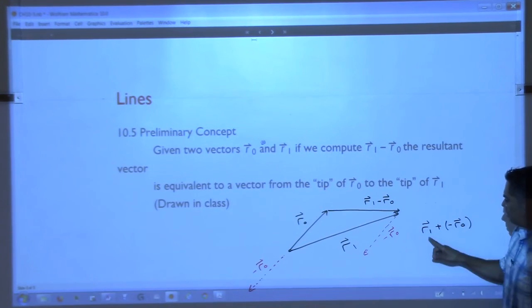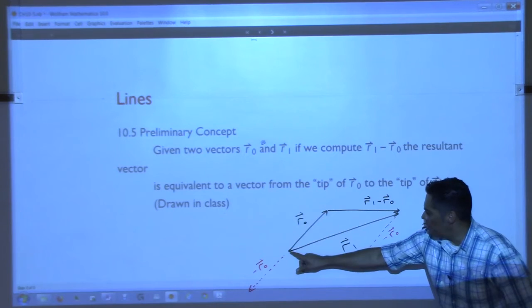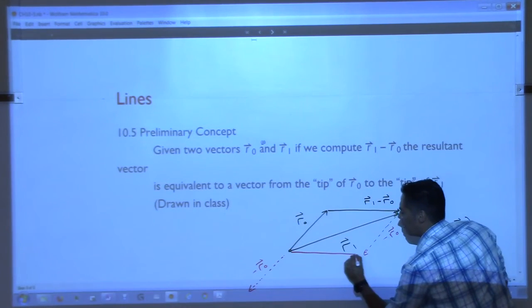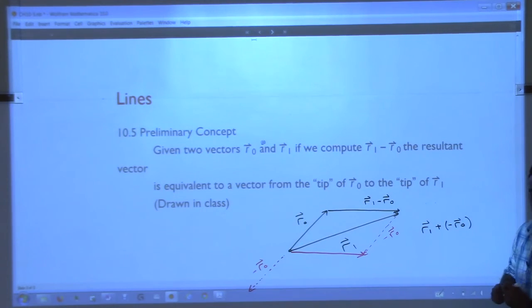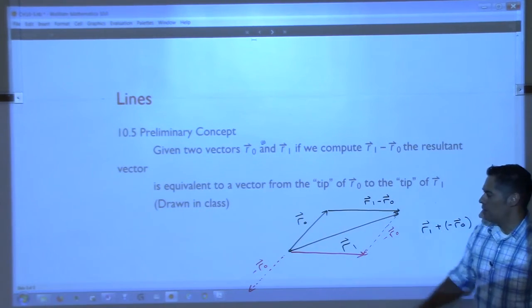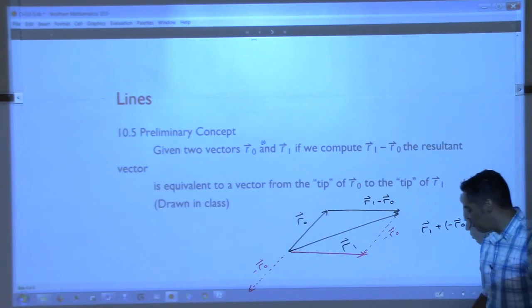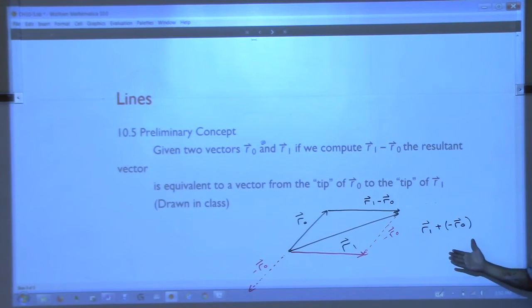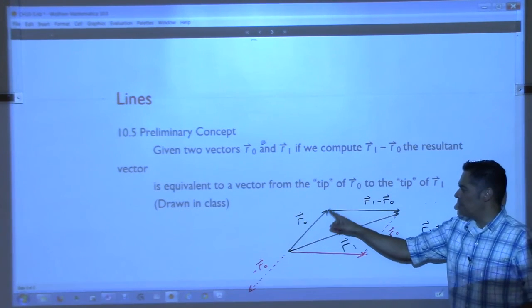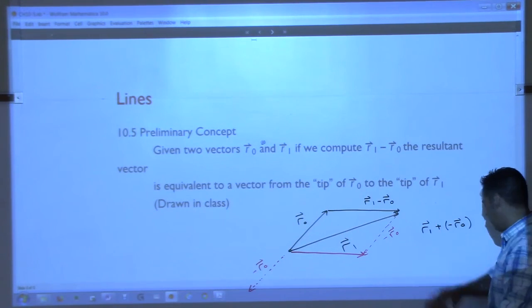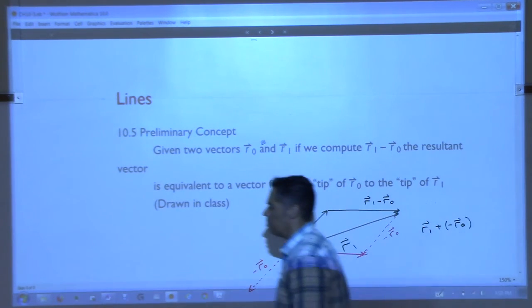Then the result means I'd start here, I'd go up, and then I go down, so I'd end up here, so I get this vector going from here to here, right? Now if I take that vector and I slide it up, it's the same vector, right? So this subtraction of these two vectors, R1 minus R0, results in a vector that goes from the tip of R0 to the tip of R1, all right? We need that preliminary thing to get started here.